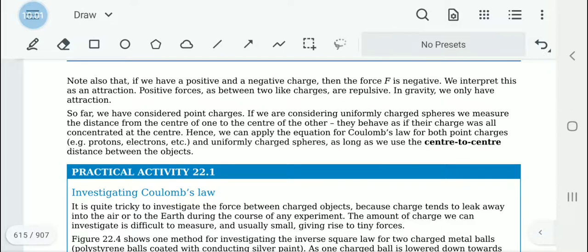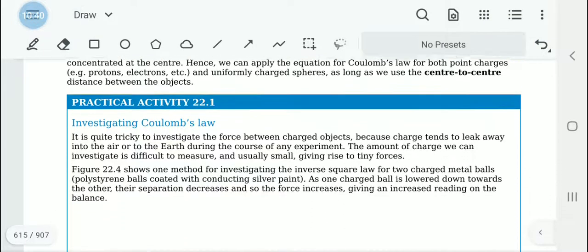Now if we take the moon and the earth, then the distance needs to be taken from the center of the earth and center of the moon, assuming that it is a point charge at the center, right? Just like gravity, it behaves as if the charges are all concentrated at the center, right? Whether it is a point charge or uniformly charged spheres, we can use Coulomb's law in the same manner, right? Center to center distance between the objects is what we consider.